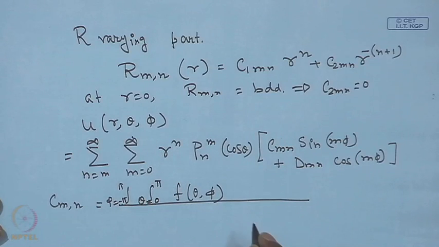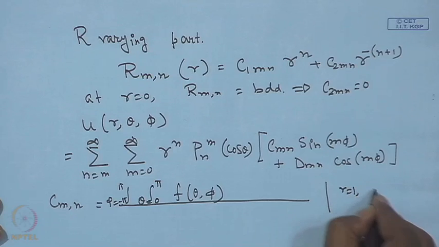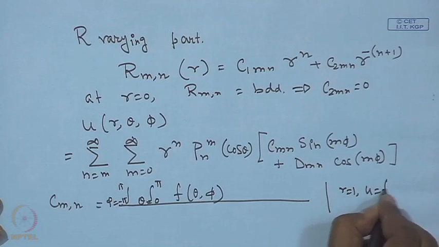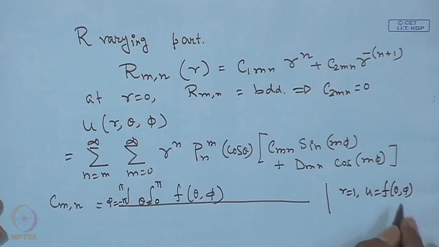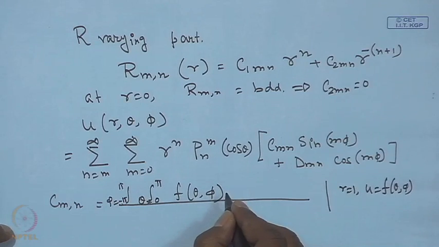So, using r equal to small r equal to 1, your u was some function of theta and phi. Using that boundary condition, we evaluate this one using the orthogonal property.